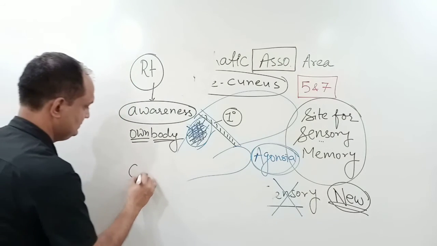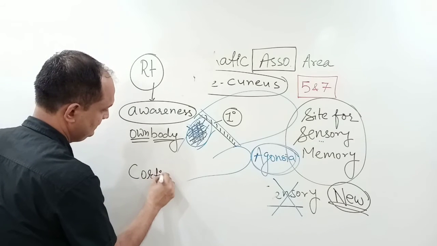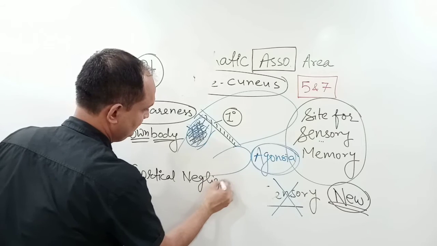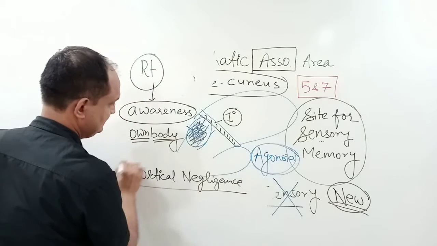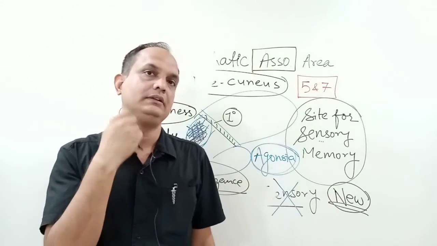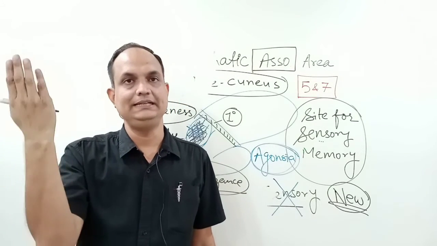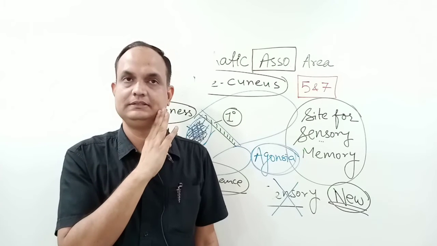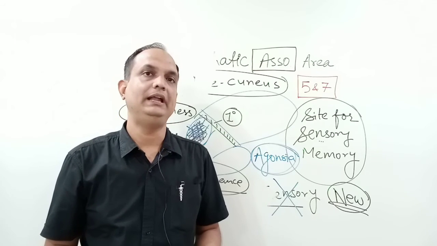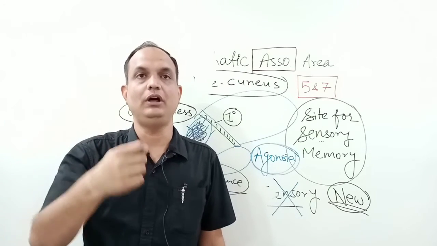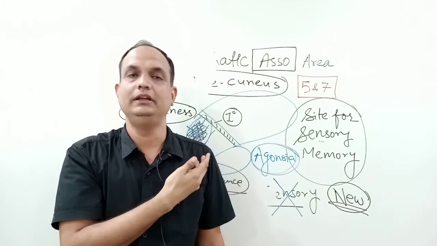Now what is the meaning of this cortical neglect? When a person is shaving, because there is a lesion on the right side, he will not shave the left side of his face. In the same way, when a female is combing, she will not comb the left side of her hair.